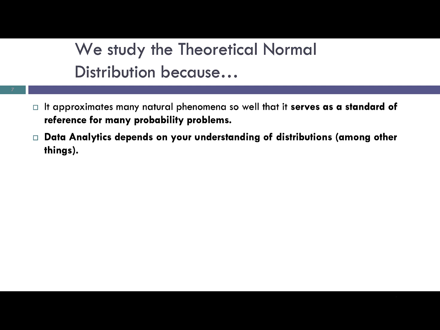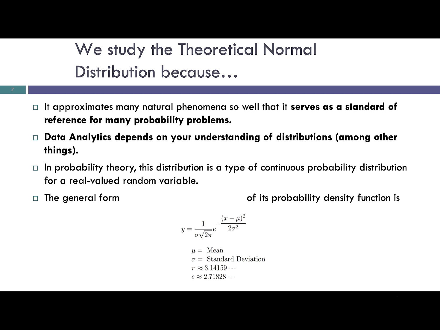So the normal distribution, right, is a type of continuous probability distribution for a real valued random variable. Here's the general form of its probability density function. Note, because of that E in there, it's not actually integratable, which is why we're going to give you some approximations of what the area under the curve looked like, but I don't expect you to tap into your second semester of calculus to do anything with this formula.